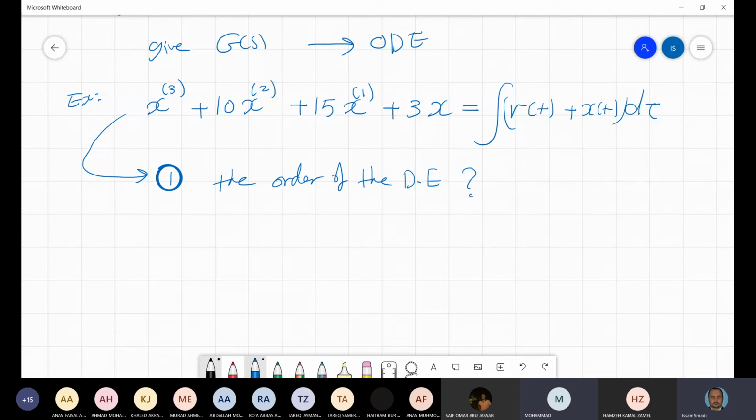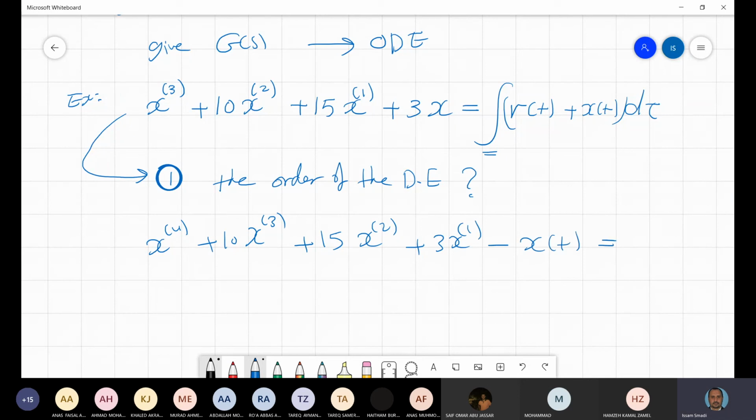Because we need to differentiate to get rid of the integration. So if I differentiate all the parts, I will get x to the power 4 plus 10 x to the power 3 plus 15 x squared plus 3 the first derivative minus x(t) is equal to r(t), correct? So now the order is what?